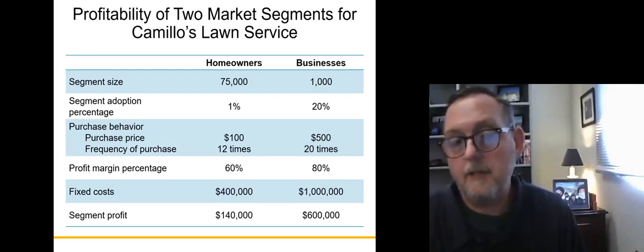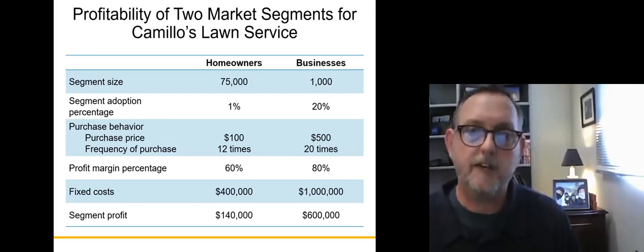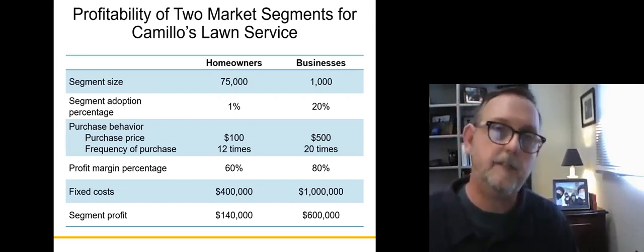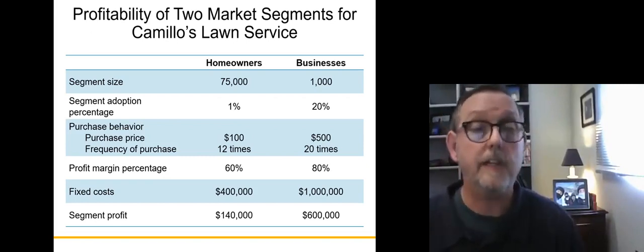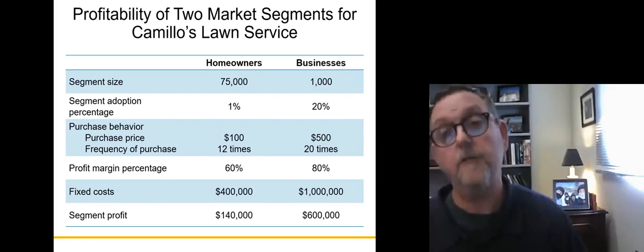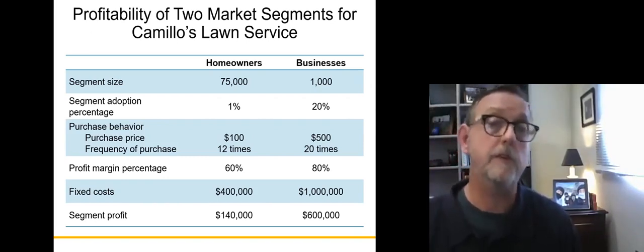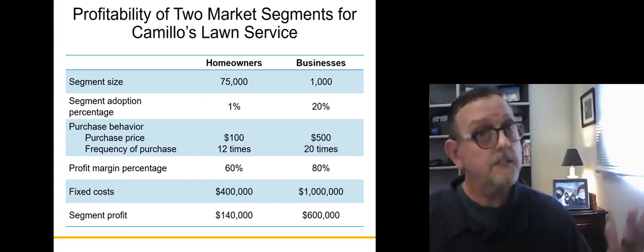Again, you need $1 million to be in the market segment that satisfies businesses, whereas you need less than half of that to satisfy homeowners. So if you have that capital and if you can build your infrastructure, then the business segment is far more profitable for you to engage in.